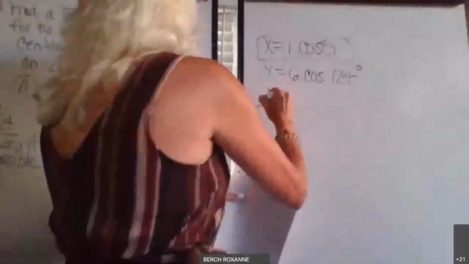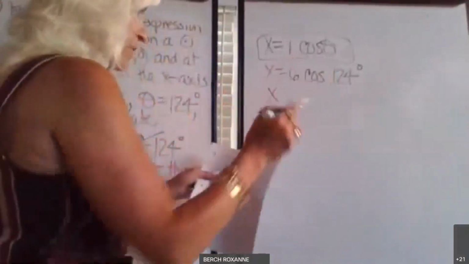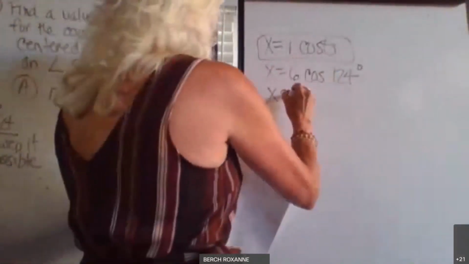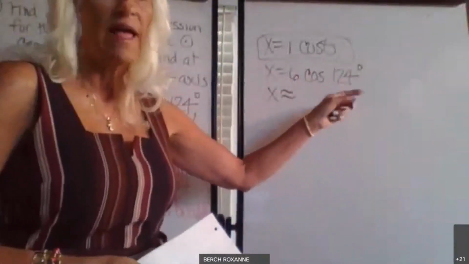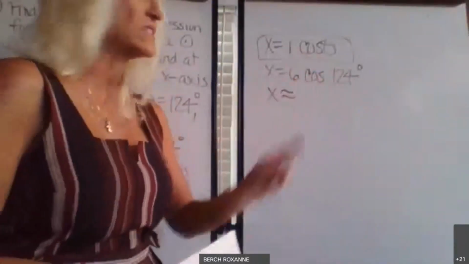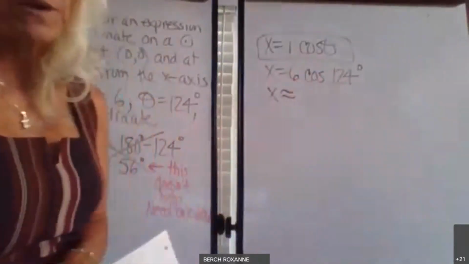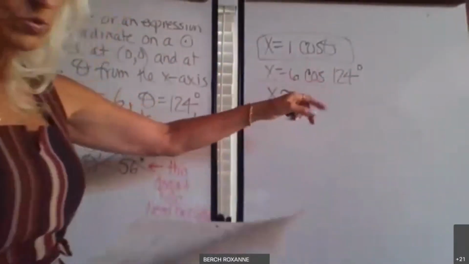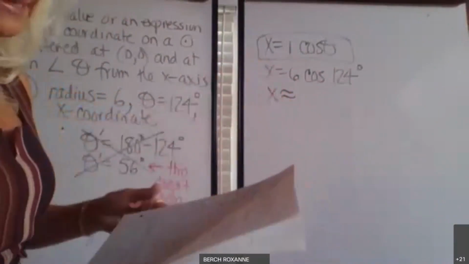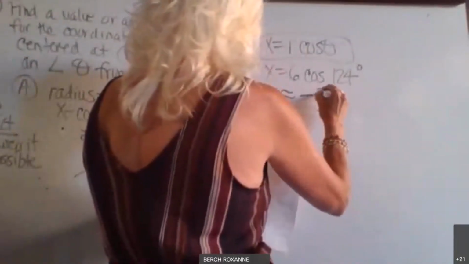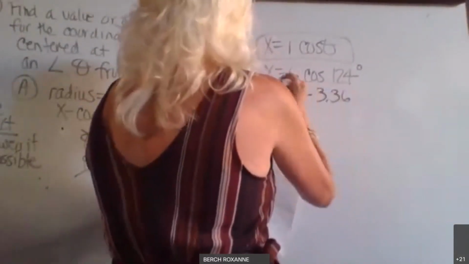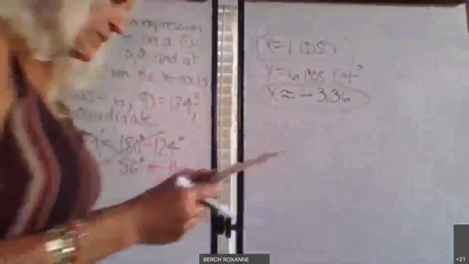I would put in cosine of 124 and hit enter, then multiply by 6. So this is a product. What do you get when you put in cosine of 124 times 6? I get negative 3.355. It's about negative 3.36.